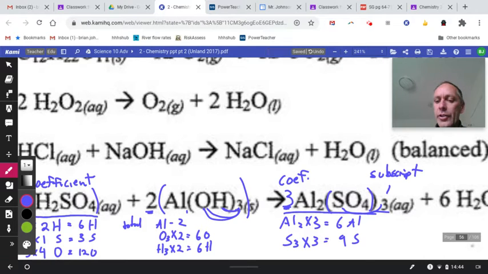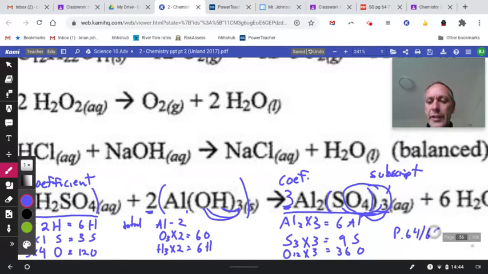Okay, now oxygen is 3 O4s. So that's like having 3 times 4 is O12. There's 12 oxygen atoms there. And then the whole thing is times 3 for a total of 36 oxygen. So hopefully that makes sense to you. And there is a worksheet to practice in your guide on page 64, 65, if you feel like you need to review that.